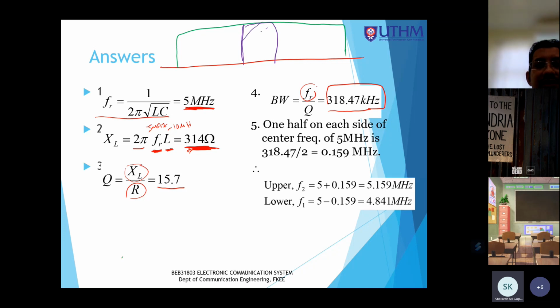Yang mana centernya adalah FR. So now you dapat dia punya bandwidth. Bandwidth di sini, yang mana bandwidth ini adalah 318.47 kilohertz.